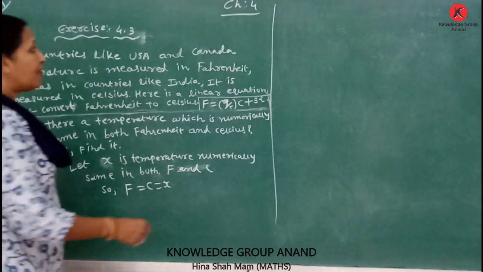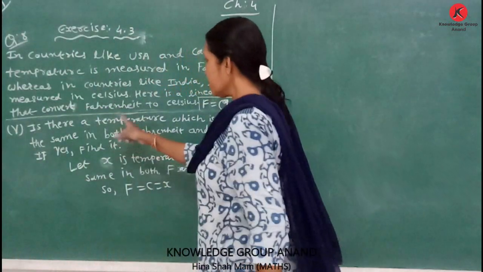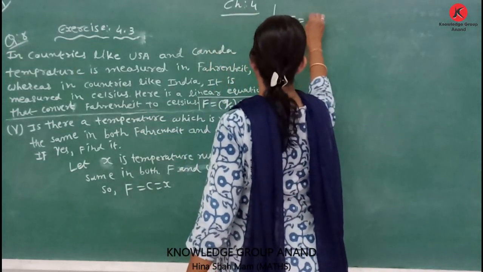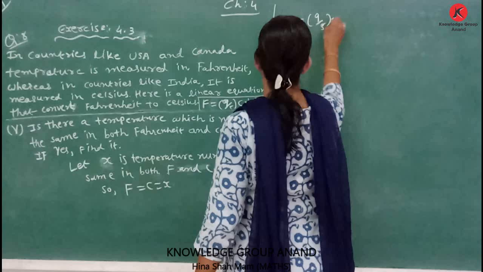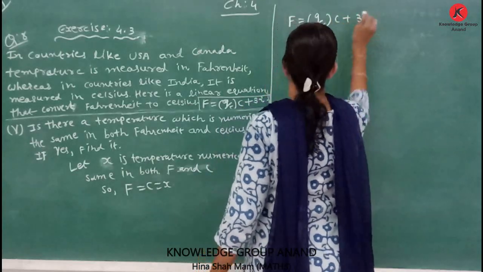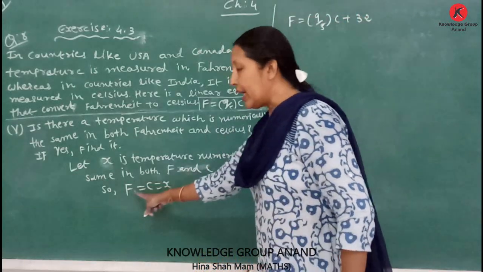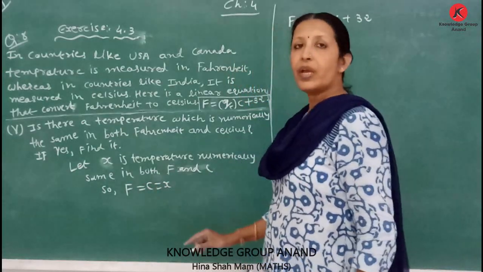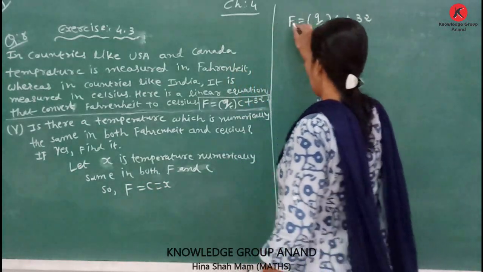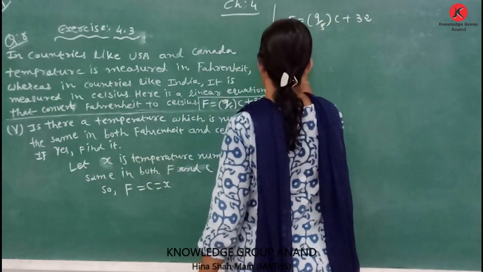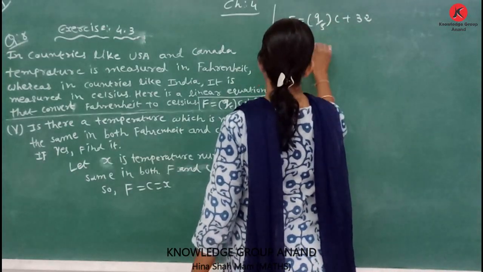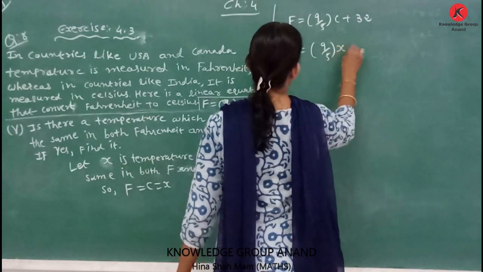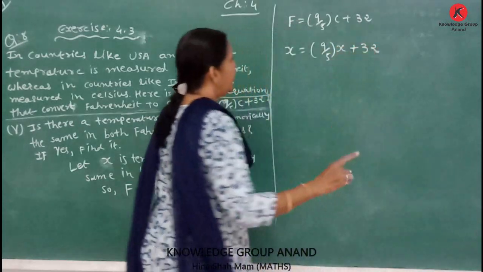Here our linear equation is F is equal to 9/5 C plus 32. Taking F as X and C as X, X is equal to 9/5 X plus 32.